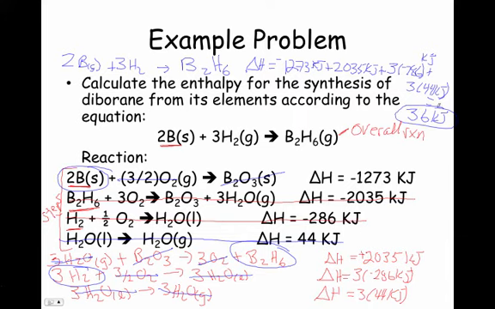So that is our delta H. And even though it doesn't say kilojoules per mole, it is kilojoules per mole. That's insinuated. So that means our delta H equals 36 kilojoules per mole.